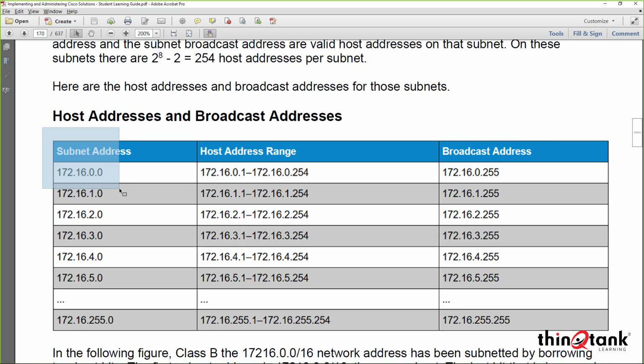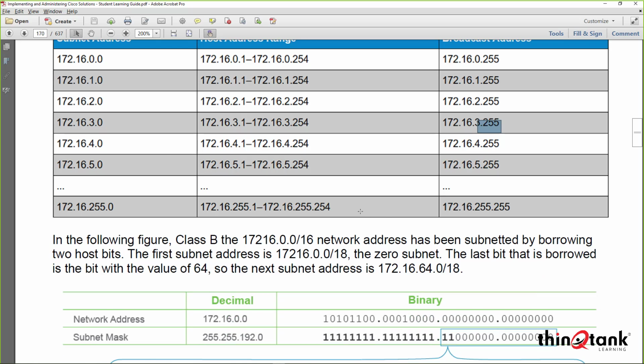Here's the first network, second network, third network, fourth network. If this network starts at 1, then the previous network ends at 255 in the fourth octet. If this network starts at 2, then the previous network ends at 1.255.255.255, and so on. All right?